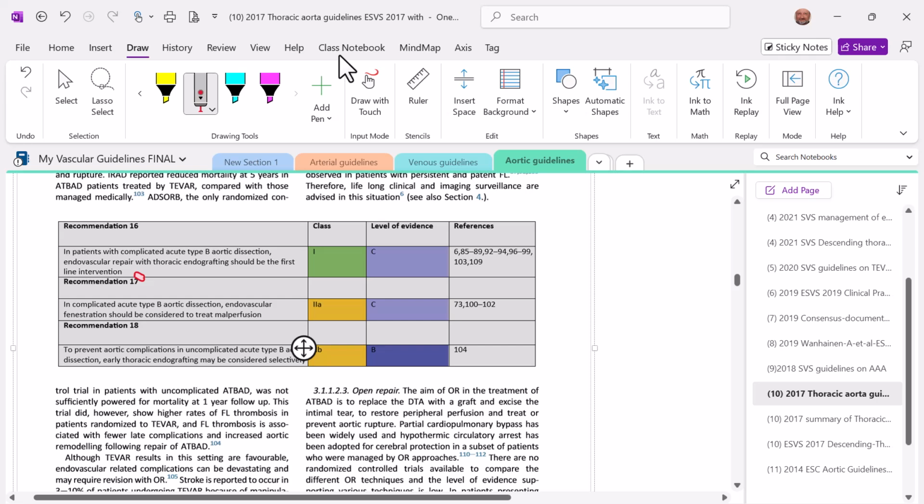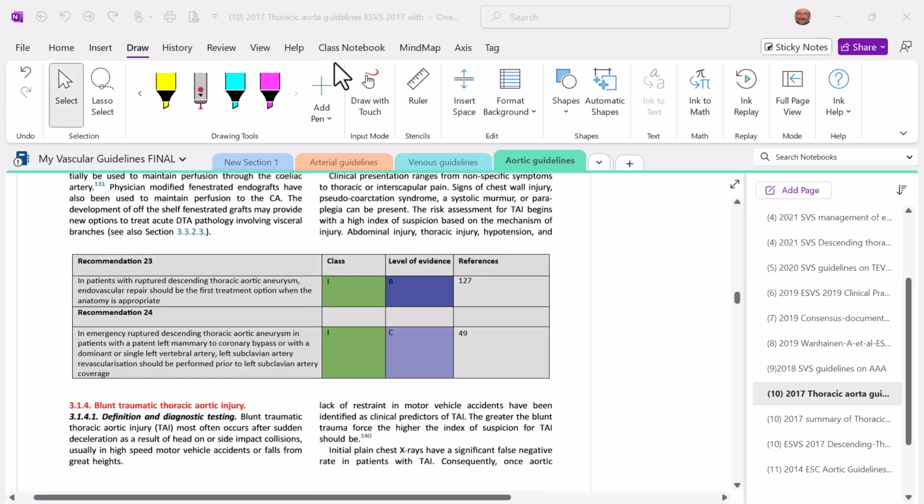And this is an important recommendation. In complicated acute type B, again, endovascular fenestration should be considered to treat the malperfusion syndrome. So these are three very important recommendations from this guideline.